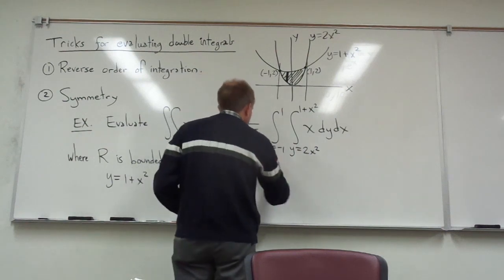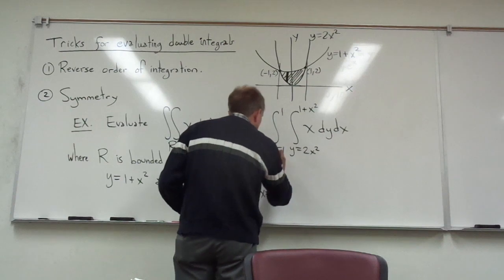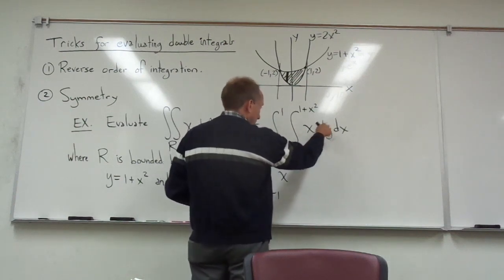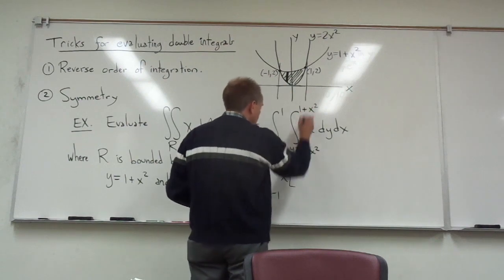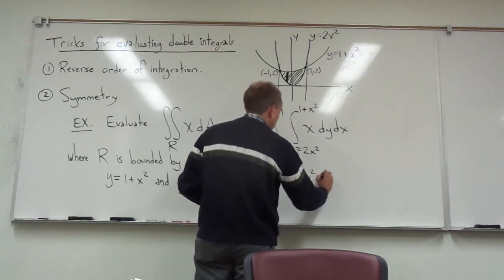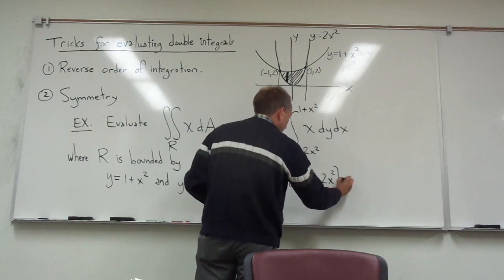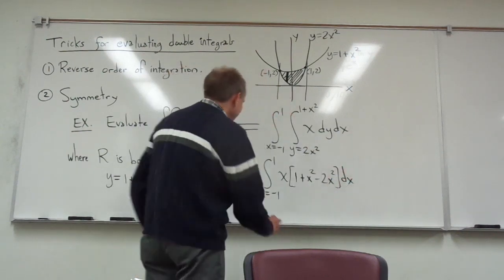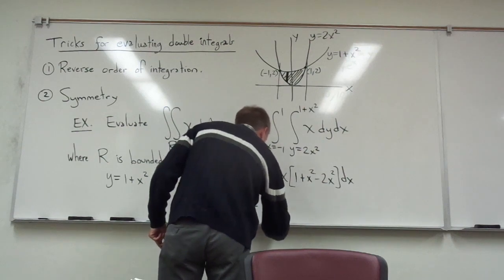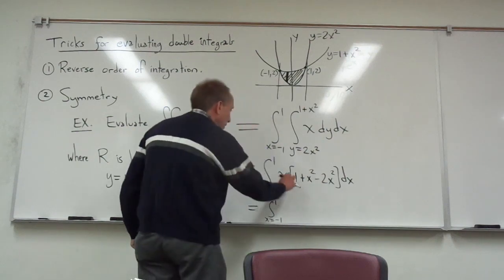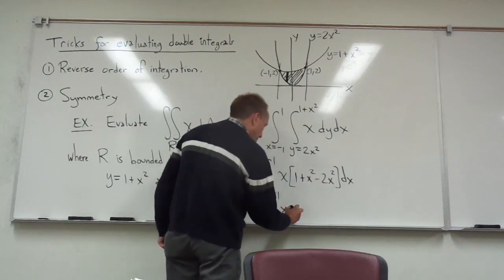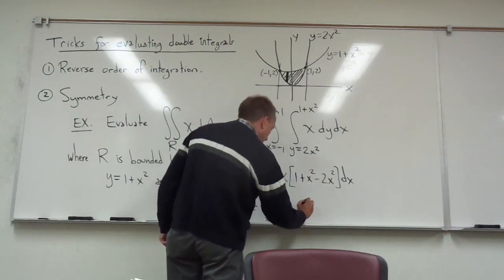Okay, if you work this out by starting with the inside integral, so if I integrate x with respect to y here, of course, I'm just going to get x times 1 plus x squared minus 2x squared. I can simplify that, right? This is going to be the integral of x from negative 1 to 1 of x, and if I just subtract this, this is negative x squared, so this would be minus x cubed.